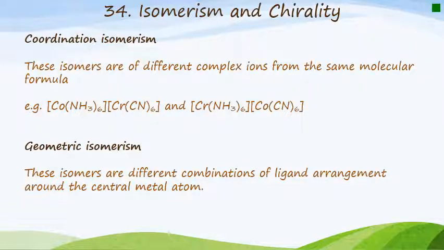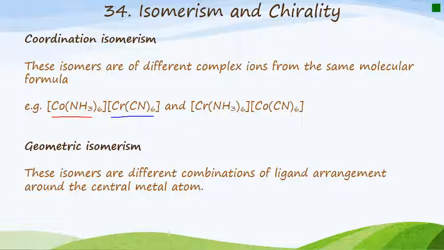Alright, the next example we have is coordination isomerism. This is where we have isomers of different complex ions from the same molecular formula. So in this case, here we have a cation, and here we have an anion. Okay, and these metals can essentially swap places.